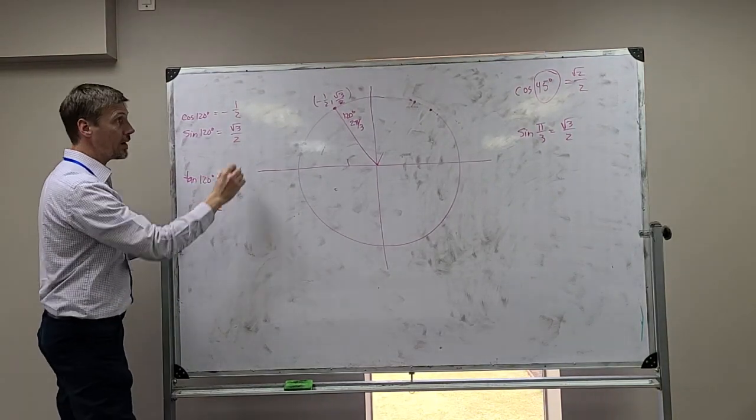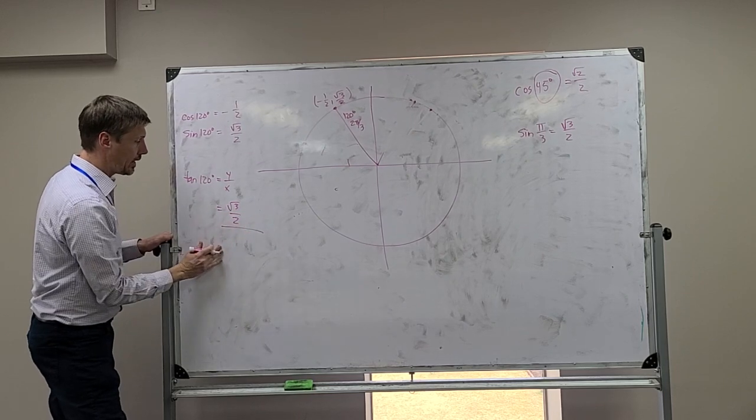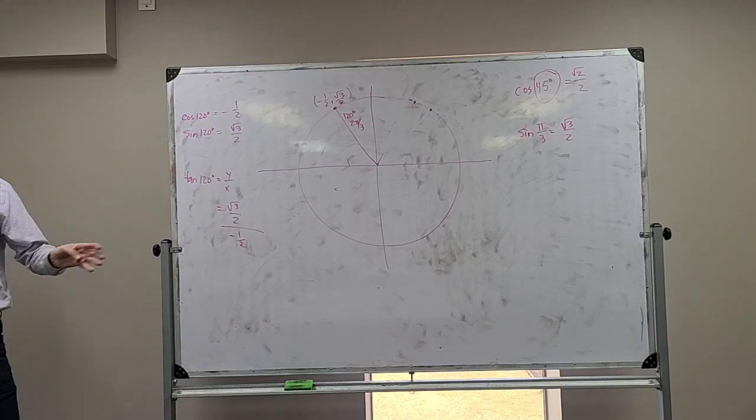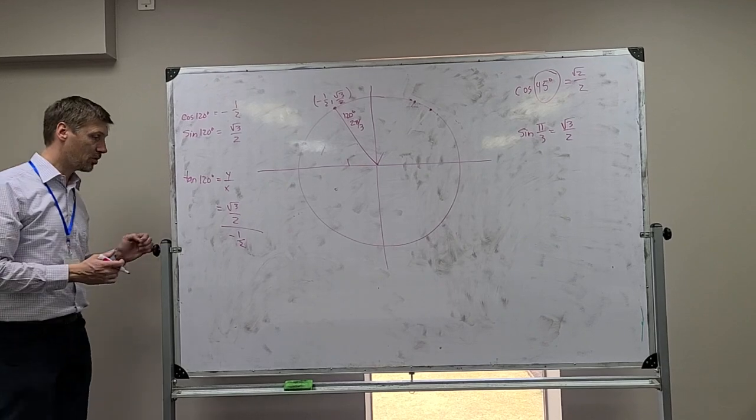So we take our y coordinate, square root of 3 over 2, divided by our x coordinate, which is negative 1/2, right? This was definitely the hardest one because you're gonna have to do a little bit of multiplication. You have to know that when you divide by a fraction, that's the same as multiplying by the reciprocal.